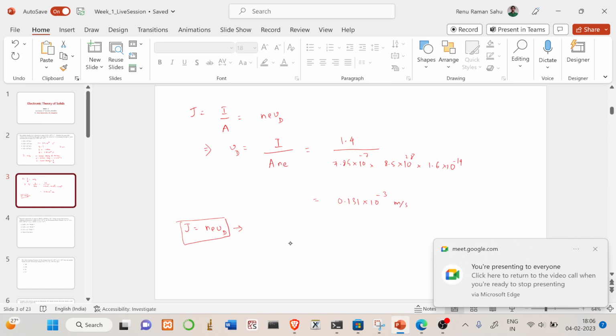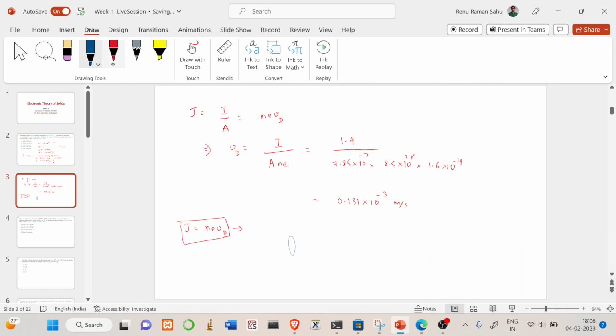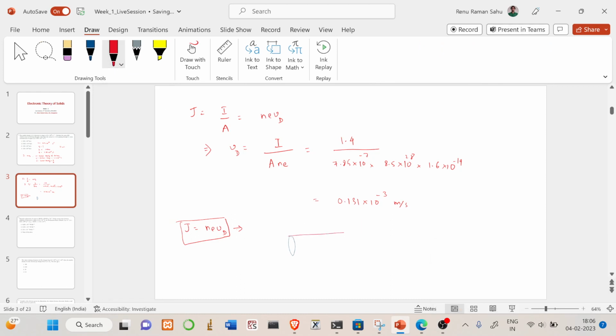Let us first consider a wire of, let's say, cross section A.